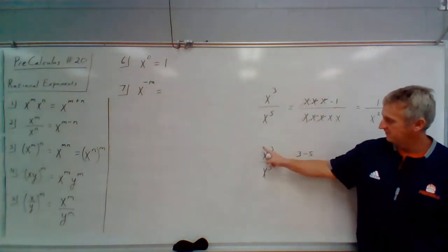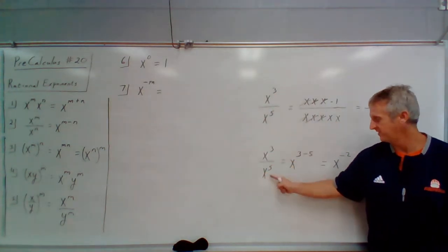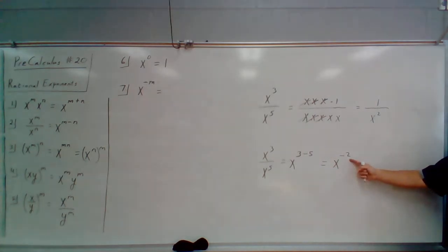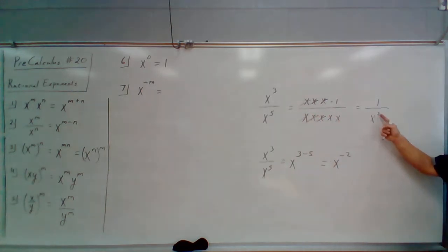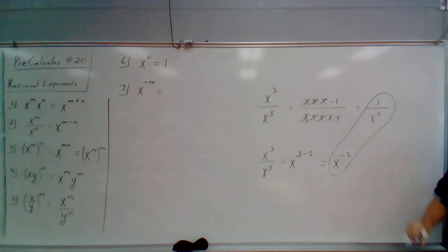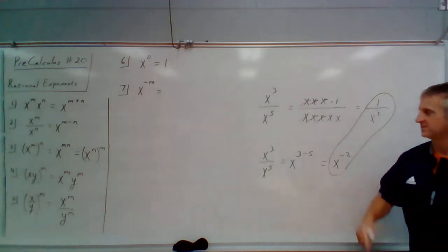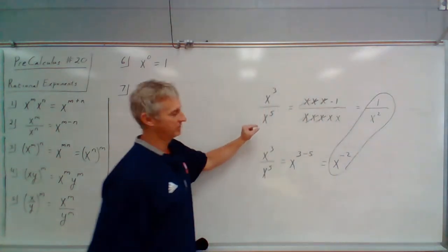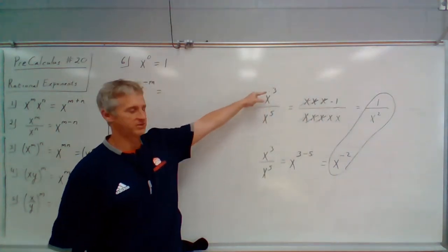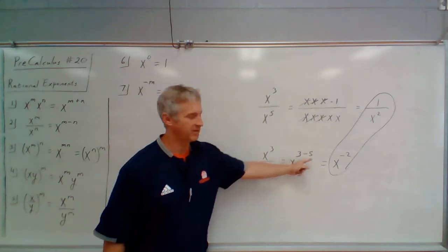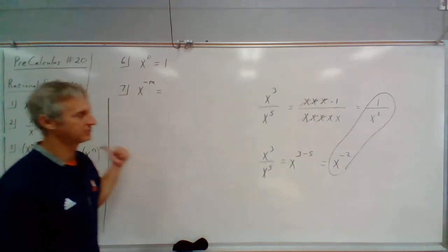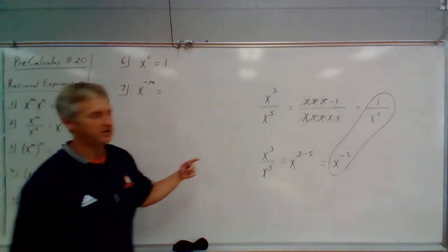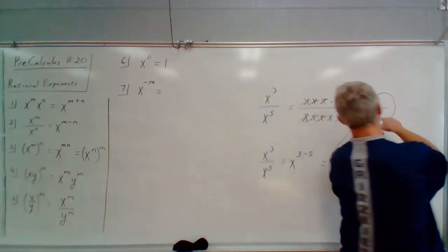And if x to the third divided by x to the fifth is equal to x to the negative 2 by rule number 2, and this is also equal to 1 over x squared, then 1 over x squared should be equal to x to the negative second. And that would work no matter what these exponents were. If your exponent on the bottom was bigger than the exponent on the top, you would always come out with a negative exponent by using rule number 2, and you would also come out with more x's in the denominator.